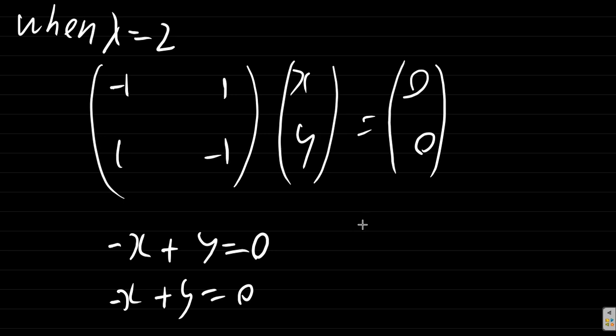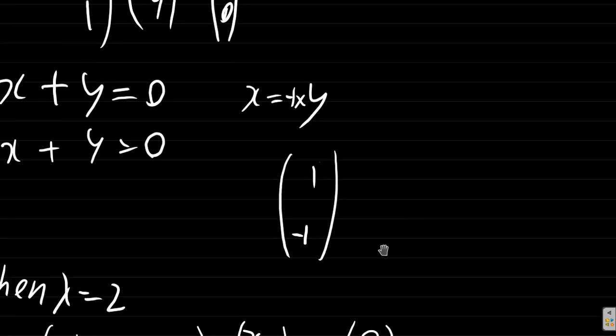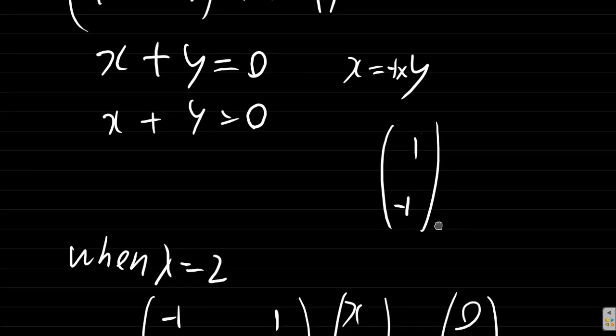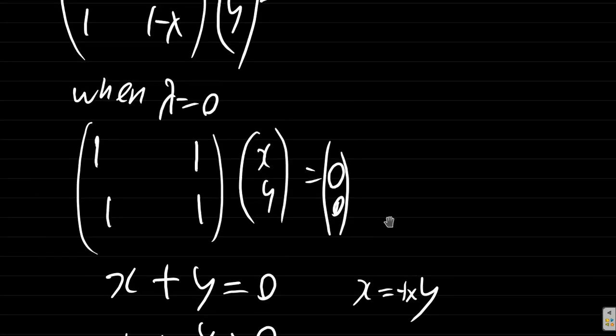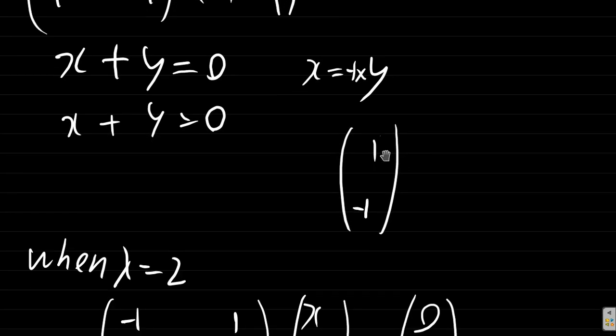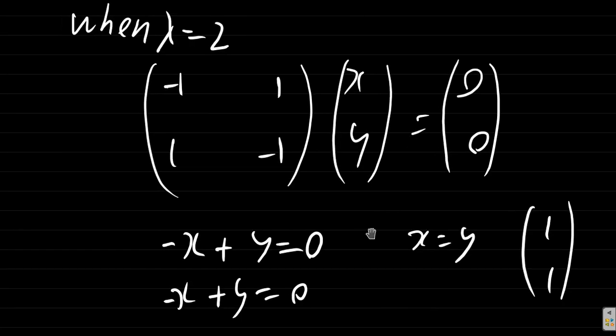Now, it means x is equal to y. So our eigenvector here can be written as 1, 1. So our first eigenvector, when our eigenvalue was 0, was 1, negative 1. When our eigenvalue is 2, the eigenvector is 1, 1.